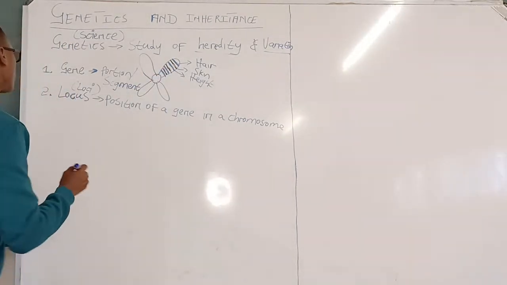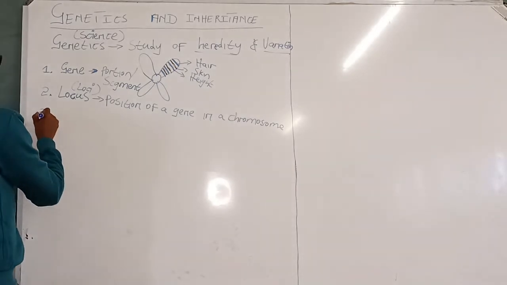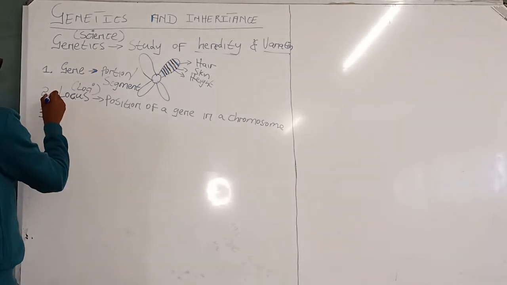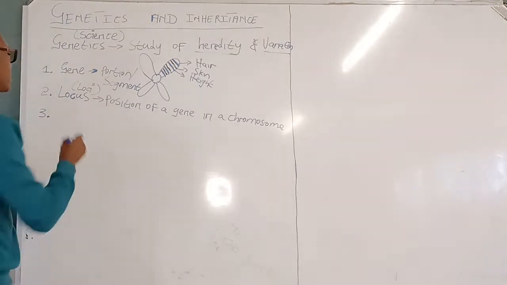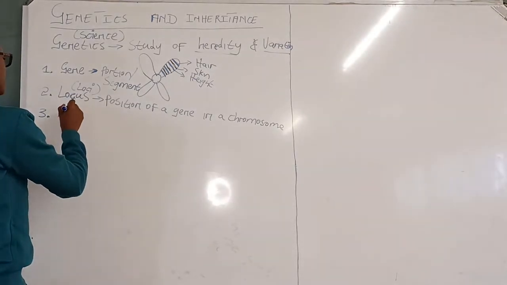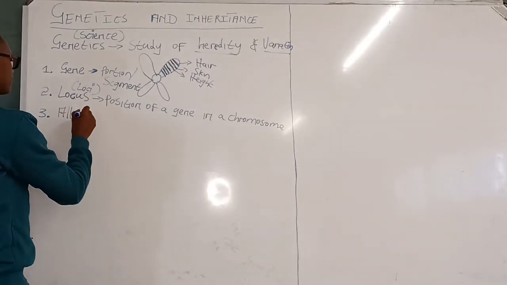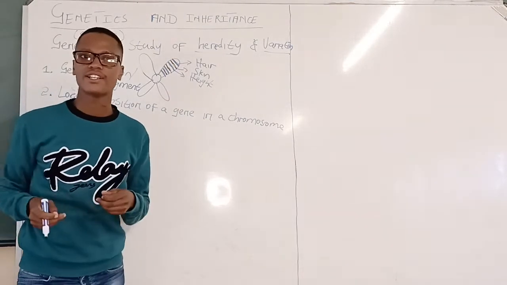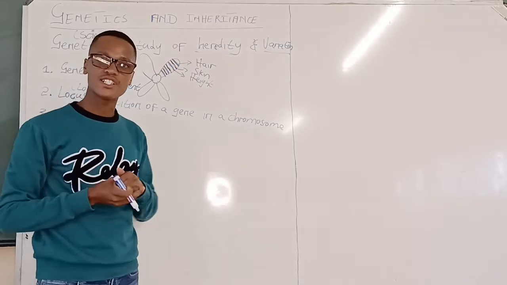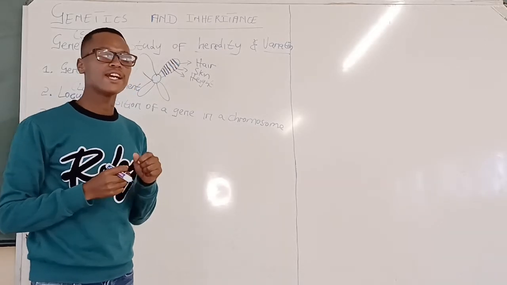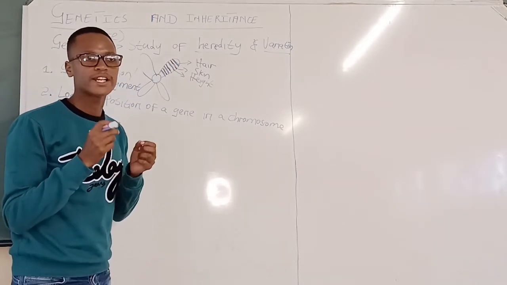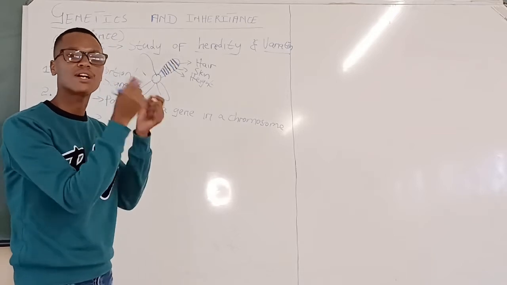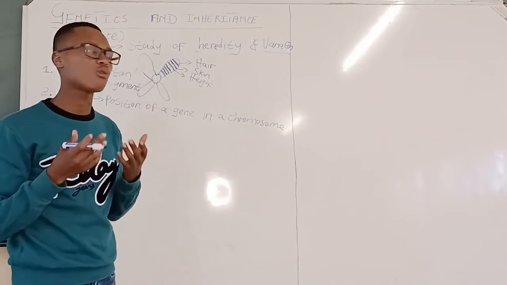Okay, moving forward, there's another terminology that we have to know, that is known as an allele. We want to know what an allele is. An allele is an alternative form of a gene that is found at the same locus, meaning it is found at the same position in homologous chromosomes.